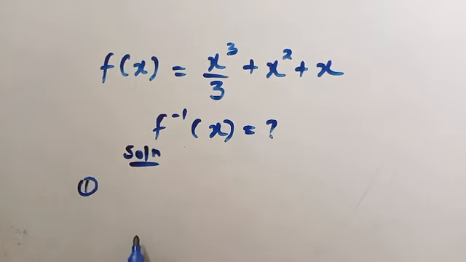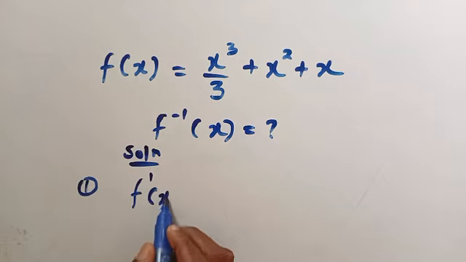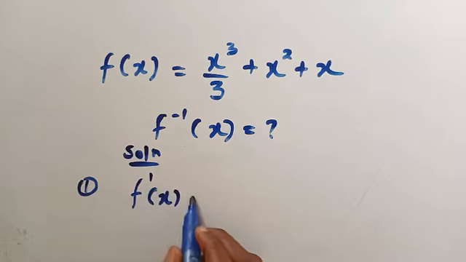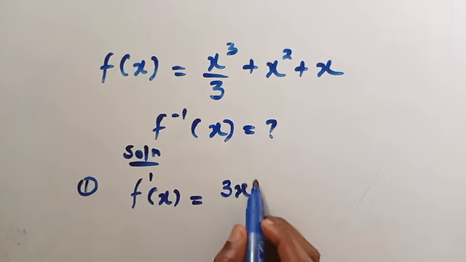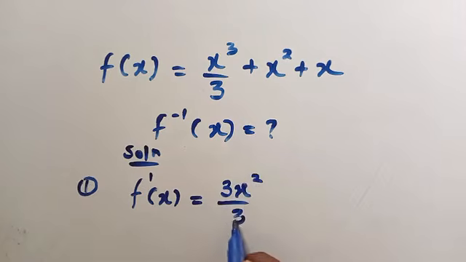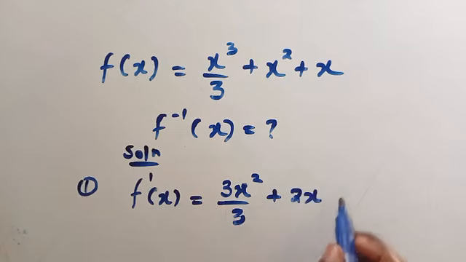So in the first step, let's consider finding the derivative of this function. We are going to have f prime of x equals, differentiating this, 3x squared divided by 3 plus 2x plus 1.